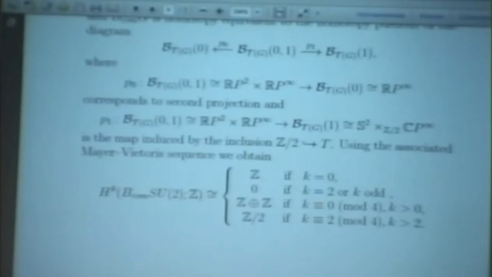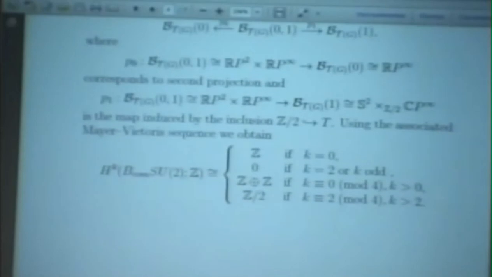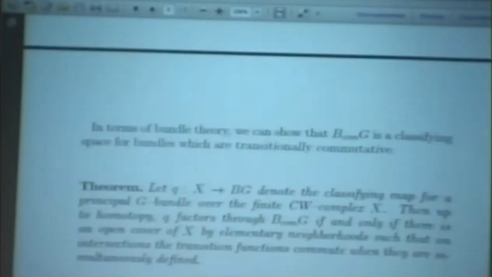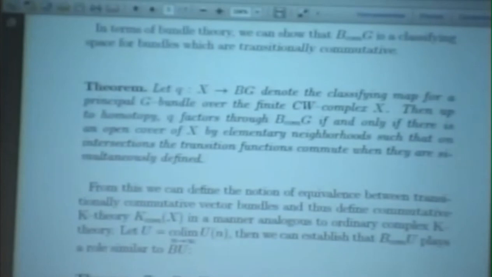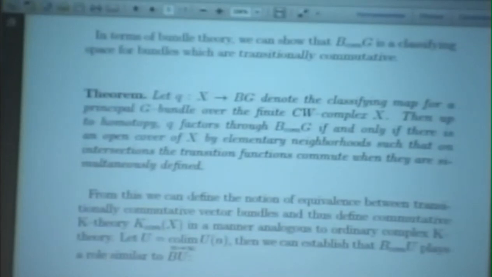Producing cohomology classes with these Mayer-Vietoris diagrams or these homotopy pushouts can be rather complicated. We know it rationally. We know everything, but for here, maybe we have to work harder. But okay.